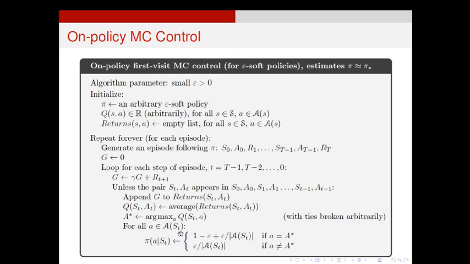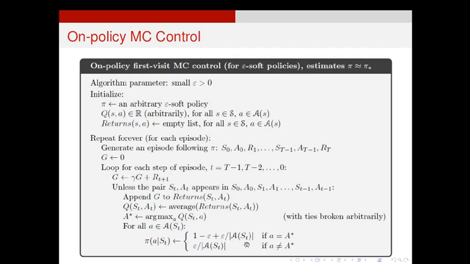That means now we compare every action with this A star. If that arbitrarily chosen action a is A star, that means it is the maximum valued action. Then assign a probability to choose that a from the state St as 1 minus epsilon plus epsilon by the cardinality of A(St).